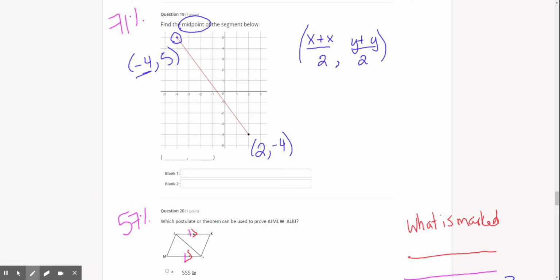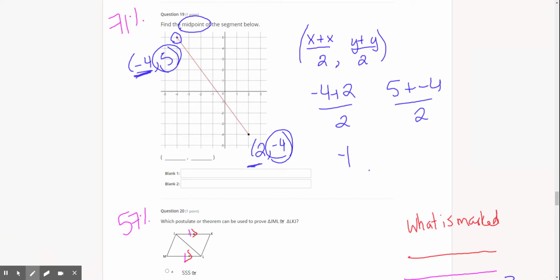So we're going to take those x's. Negative 4 plus 2 divided by 2. Negative 4 plus 2 is negative 2. Negative 2 divided by 2 is negative 1. And then I'm going to take my y's. 5 plus negative 4 divided by 2. And that is positive 1/2.